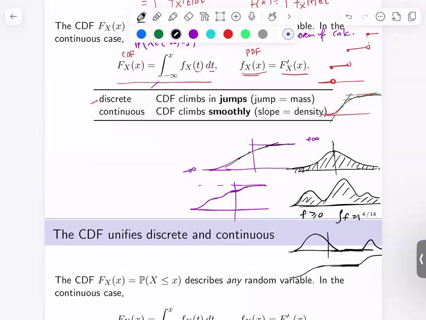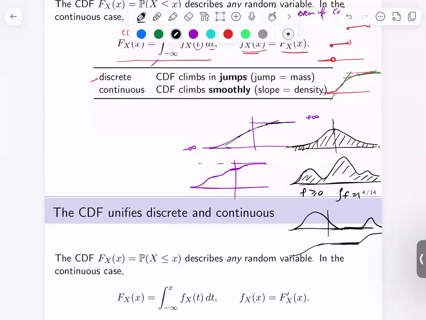So is it exactly flat here? The flatness of the CDF corresponds to the PDF being exactly zero. It has to be zero in an interval, not at a point; a single point doesn't matter.